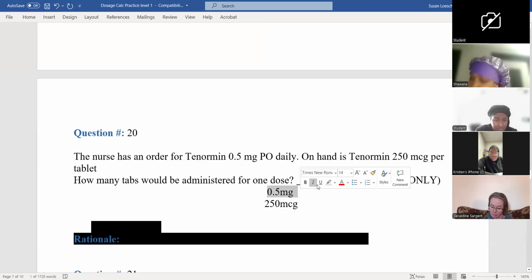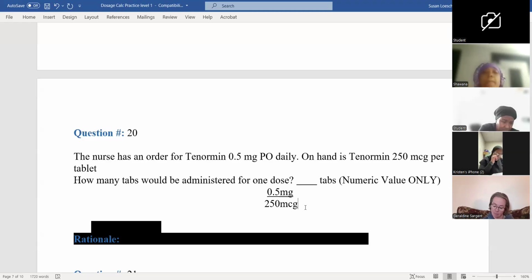Now, as you can see, the top and the bottom don't match, and we need to make them match. Okay, so I myself would get rid of the decimal. Now, which way is micrograms on the chart compared to milligrams? Is it to the right of milligrams or to the left? To the right.